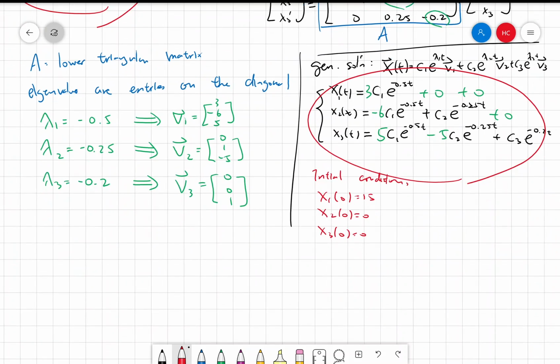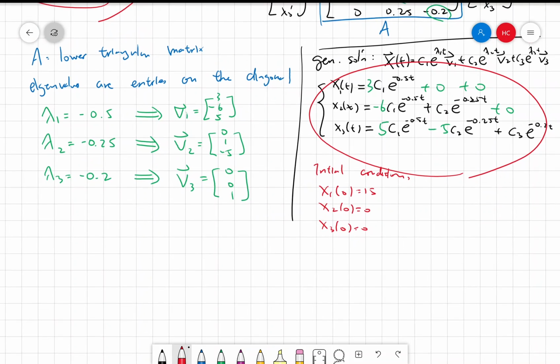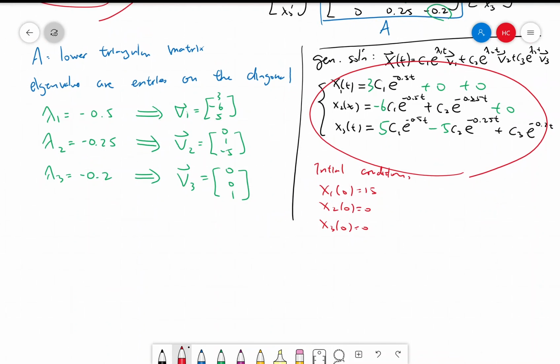So we get 15 is equal to 3c1, and 0 equals negative 6c1 plus c2, and 0 equals 5c1 minus 5c2 plus c3. This is a lower triangular system.